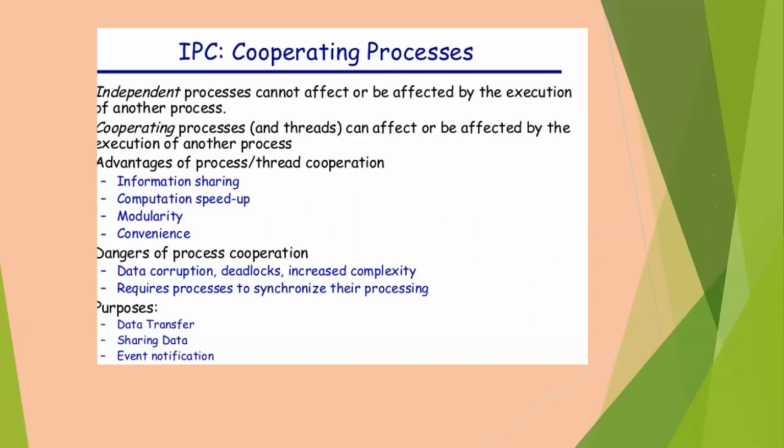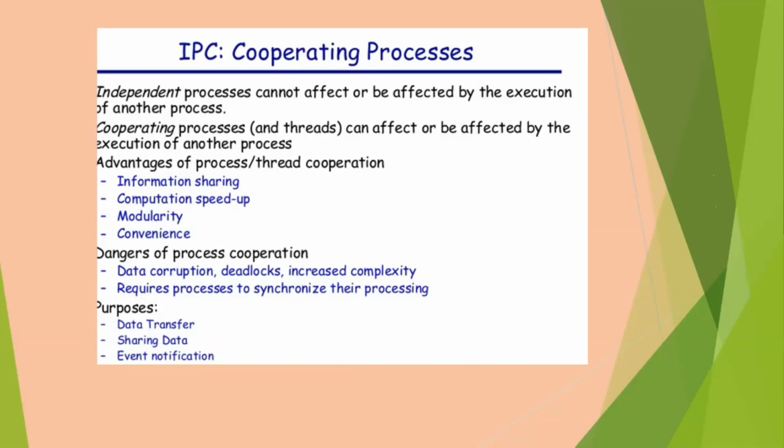What are the dangers of process communication? Data corruption, deadlock, increased complexity, and it requires processes to synchronize their processing. What is the purpose of cooperating processes? Data transfer, sharing data, and event notification. These are several purposes.